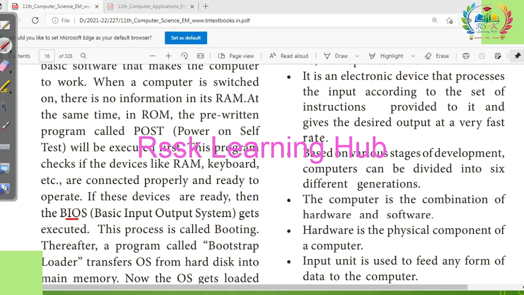These are key terms you may note down: RAM, ROM, POST, BIOS. Then this process is executed, and it is called booting. Therefore, a program called the Bootstrap Loader transfers your OS from the hard disk into main memory.